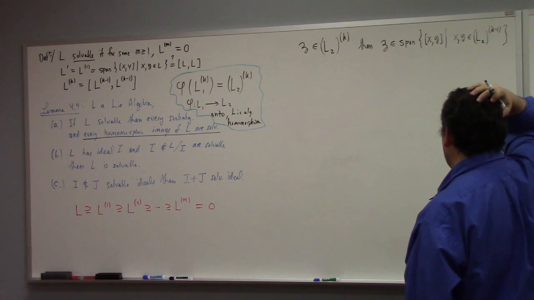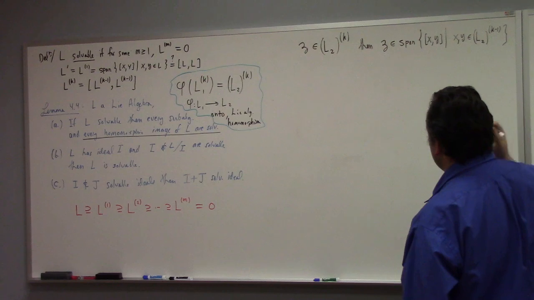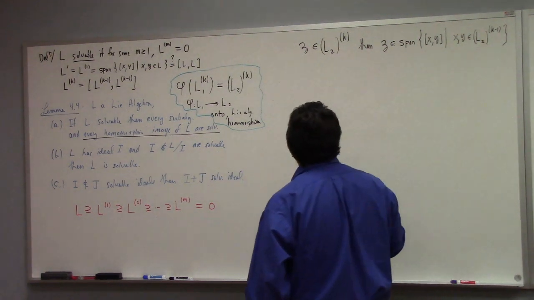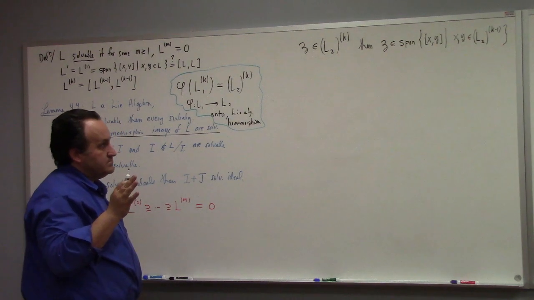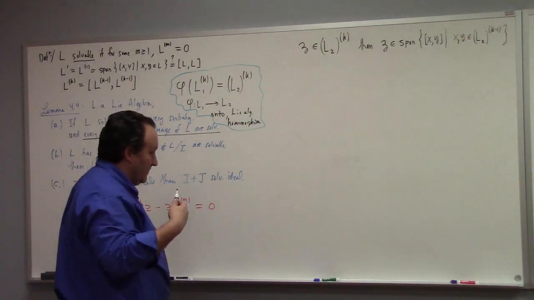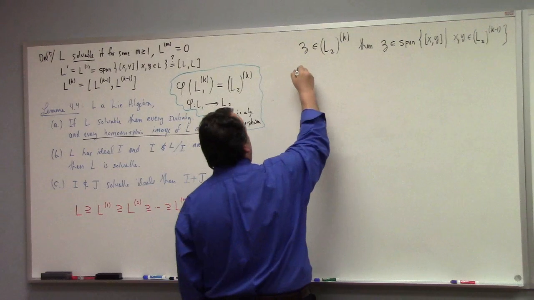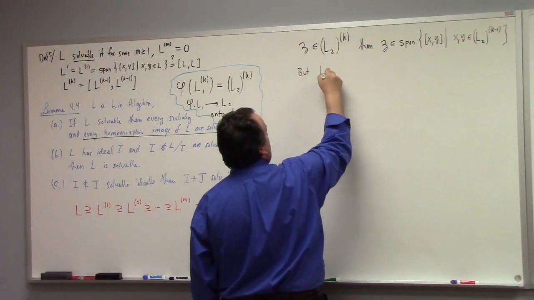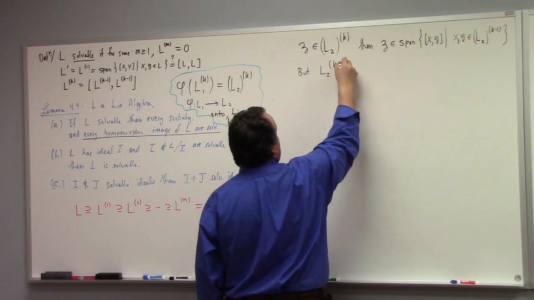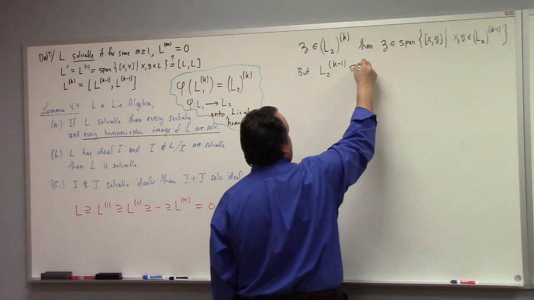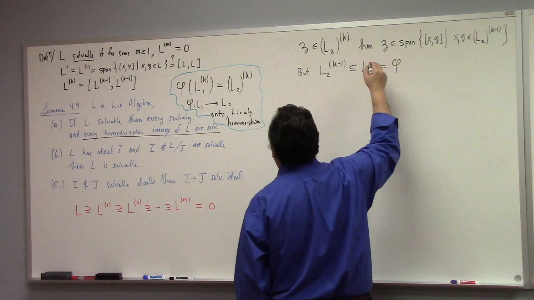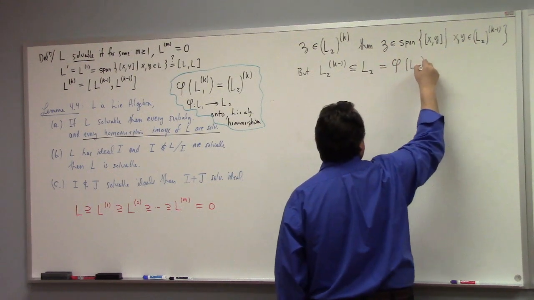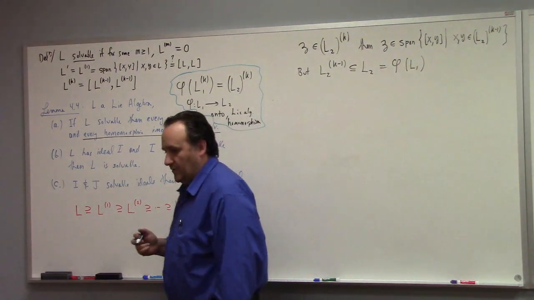But the thing is that L2K minus 1 is a subset of L2, which is equal to the image of phi under L1 by assumption. We're assuming that phi is an onto Lie algebra homomorphism.